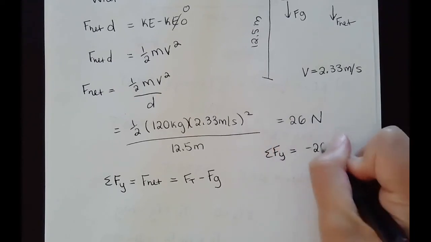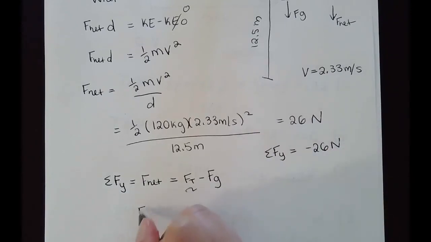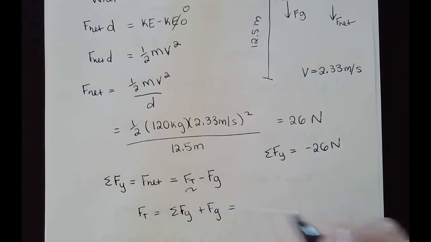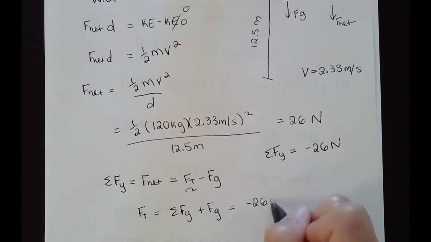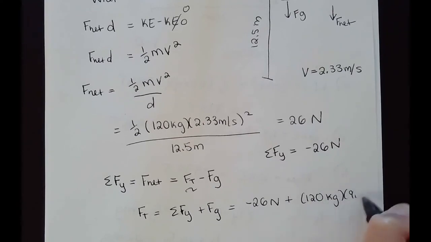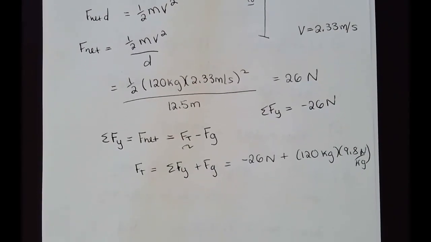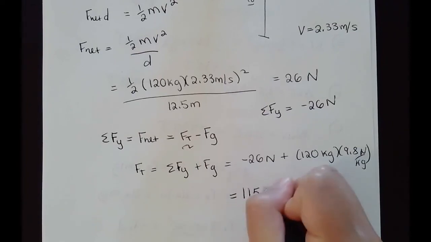So this is negative 26 newtons. And now we can solve for tension. So tension will be the net force in the y direction, or F net, plus Fg. So that's negative 26 newtons plus mg, 120 kilograms times 9.8 newtons per kilogram, which gives a tension of 1,150 newtons.